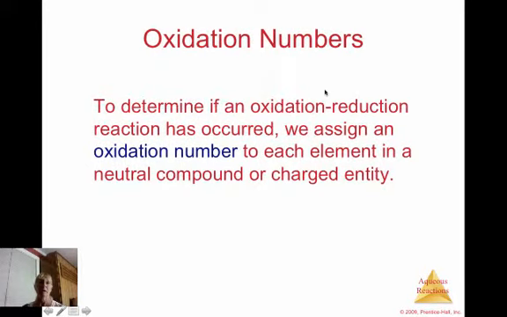Now, what we do to figure out who gained or who lost electrons, we assign oxidation numbers to each element, either in a neutral compound or some sort of charged particle.